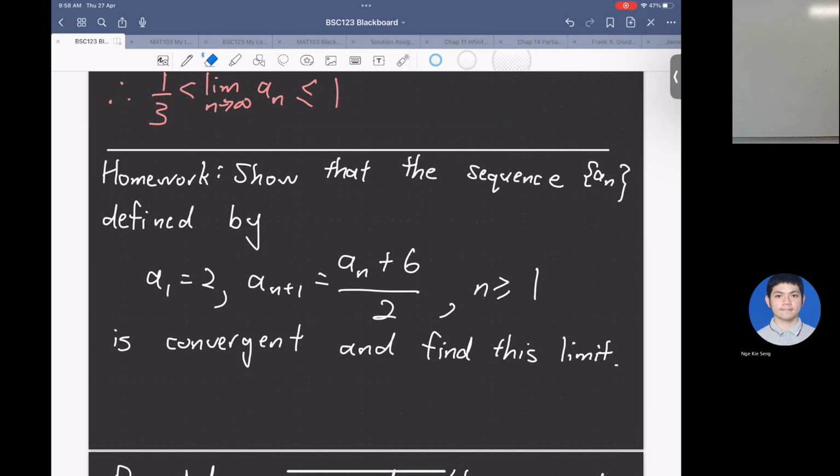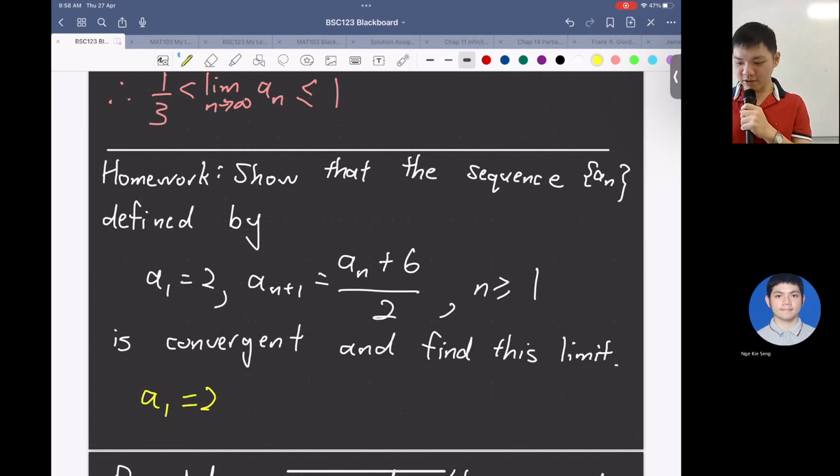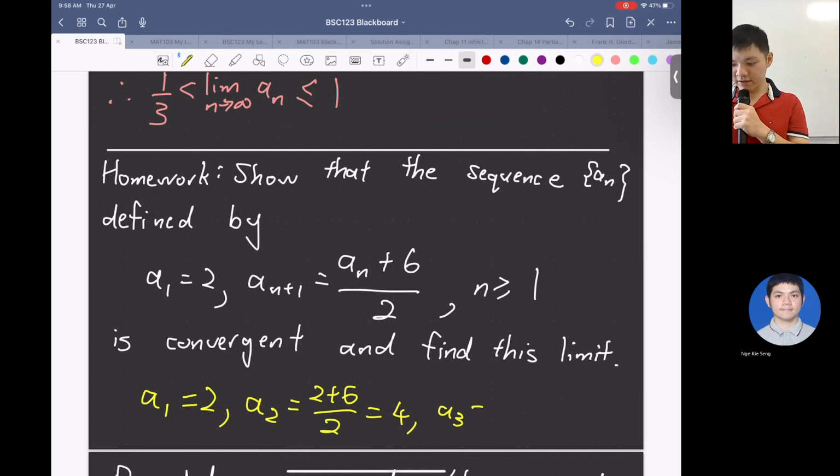And then a_3 is (a_2 plus 6) over 2, so (4 plus 6) over 2, so it's 5. Do you understand this sequence or not? So you can list it, and then you keep going. So 5.5, and then you keep going.